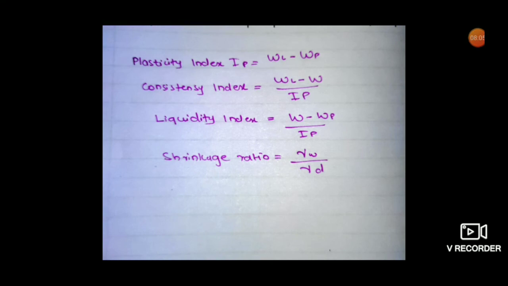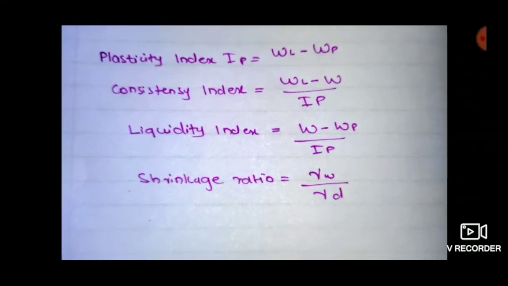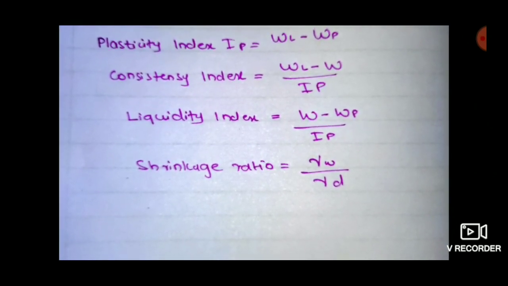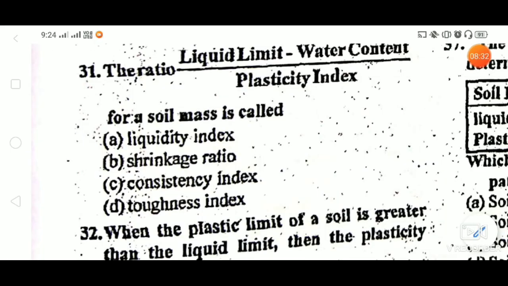Plasticity index is equal to liquid limit minus plastic limit. Consistency index is equal to liquid limit minus natural water content divided by plasticity index. Liquidity index is equal to natural water content minus plastic limit divided by plasticity index. Similarly, shrinkage ratio is nothing but unit weight of water divided by dry density. Here option C is correct.